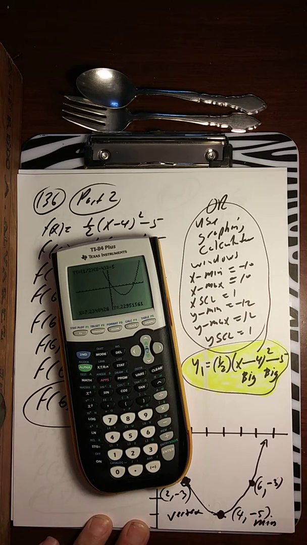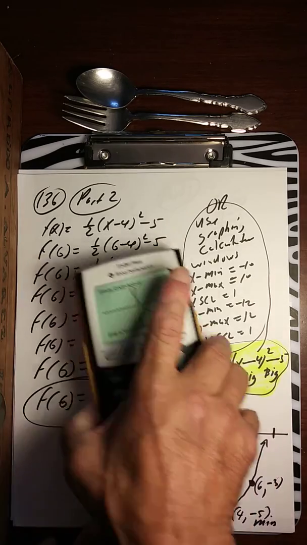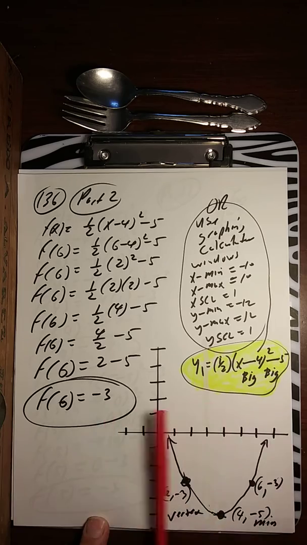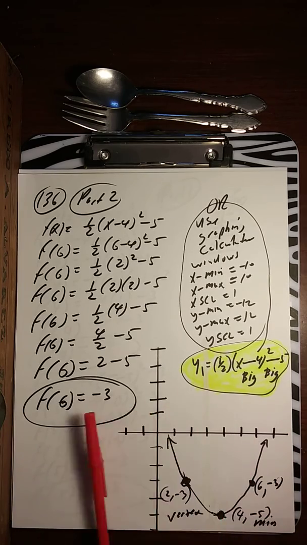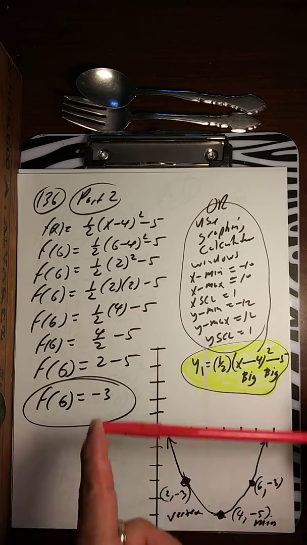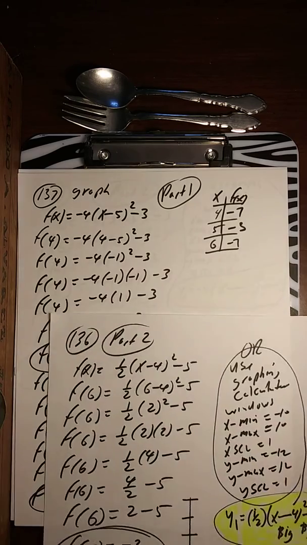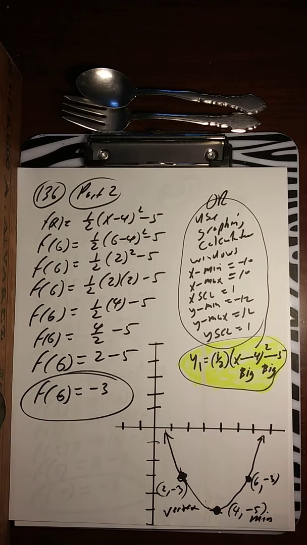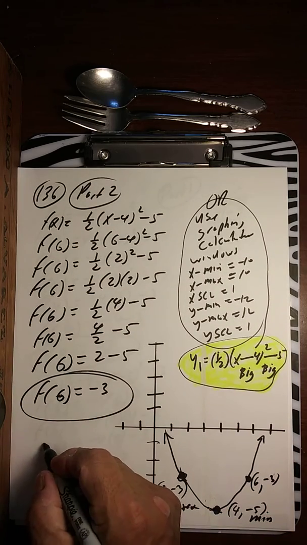Okay? Alright, so now, notice the domain is all real numbers. The range is from 4 to infinity. Okay? In fact, let me write that down. What is the domain of this?